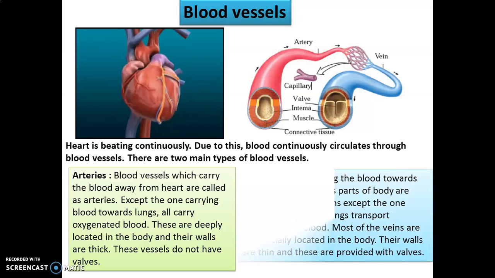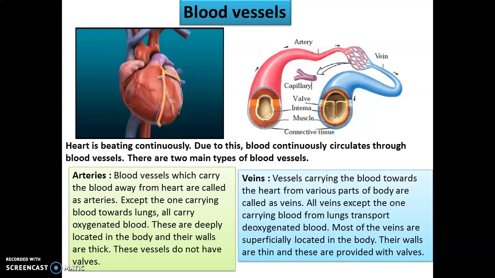Okay, now what is the second type? Those are called veins. Now what are veins? Veins carry the blood towards the heart from various parts of the body. And all the veins except the one carrying blood from the lungs transport deoxygenated blood. So what is the function of veins?